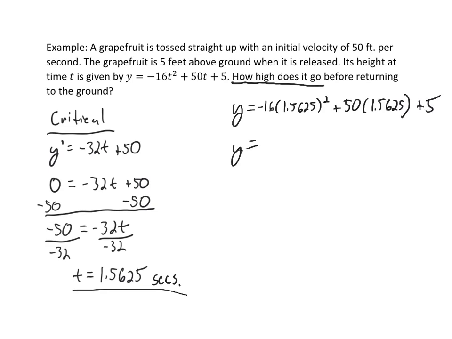And what we'll get is y equals 44.0625. Our units of height in this case would be feet. That would be the maximum possible height that this grapefruit could go.